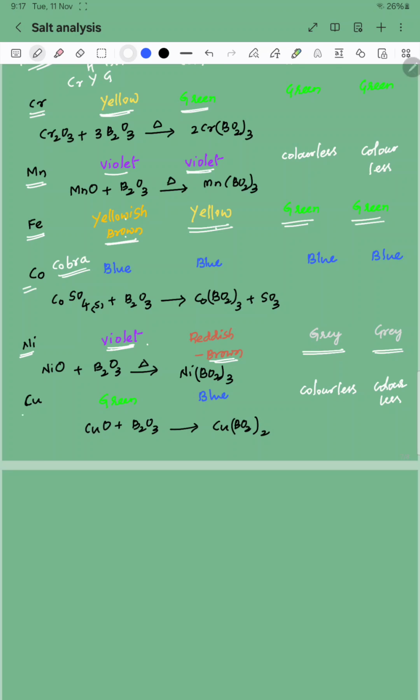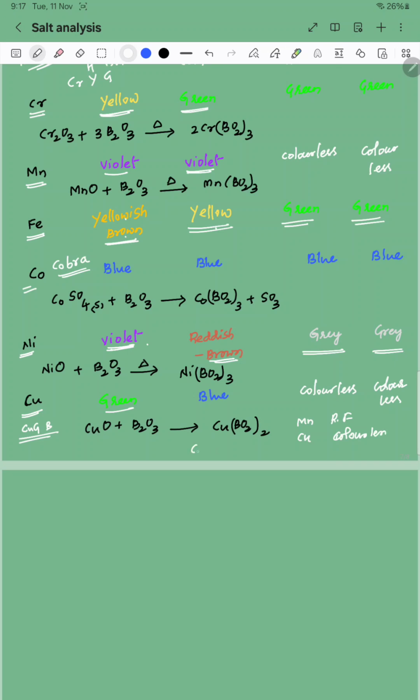Copper will be green, blue, GB, so CuGB, right? Copper, green blue. Reducing flame, no color, colorless. Manganese and copper, remember, student: in reducing flame, no color, colorless.